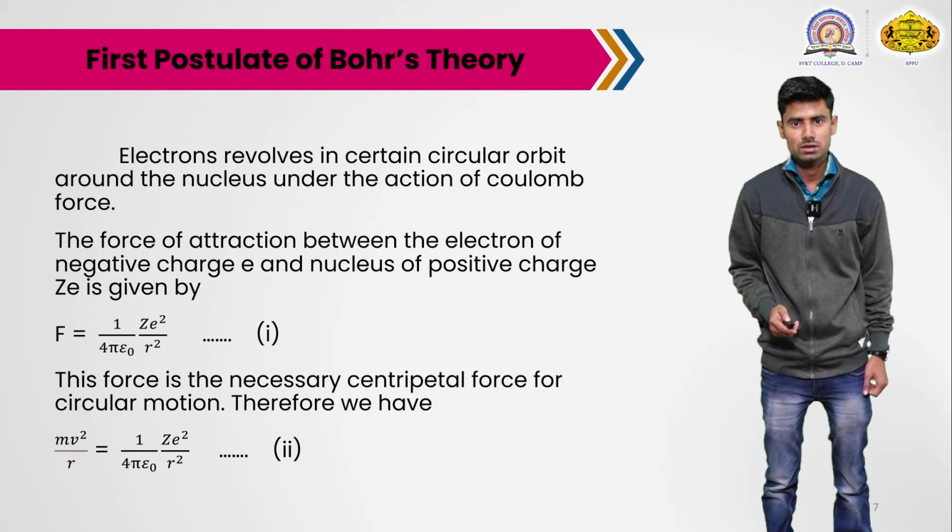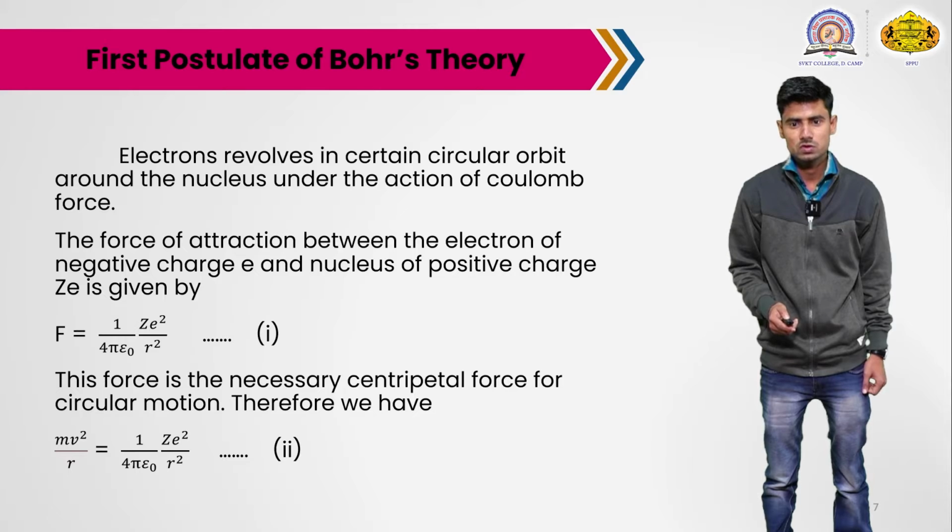So let's begin Bohr's theory by studying its first postulate. There are three postulates in Bohr's theory. The statement of the first postulate is that electrons revolve in certain circular orbits around the nucleus under the action of Coulomb force.